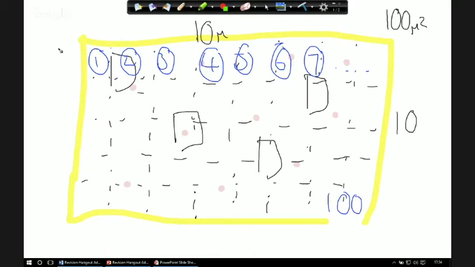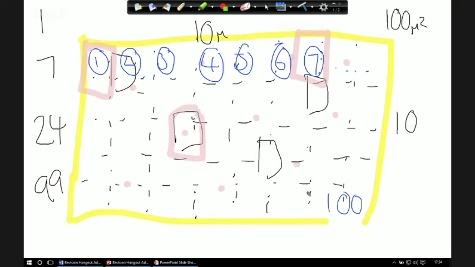So for example, I might have a random number generator that generates the numbers 1, 7, 24, and 99. I'd place my first quadrat in area number 1, my second in area number 7, my third in area 24, wherever that happens to be, and finally in 99. All I simply do then is count the number of flowers in my area.